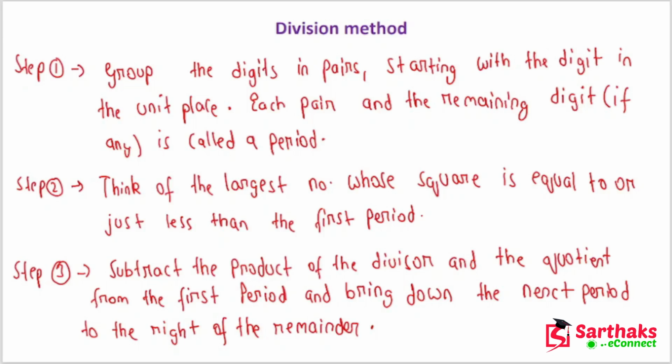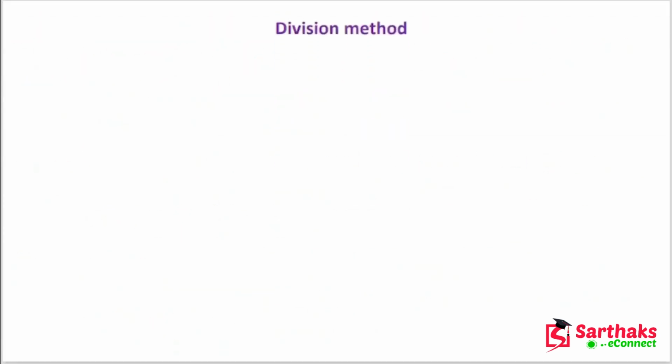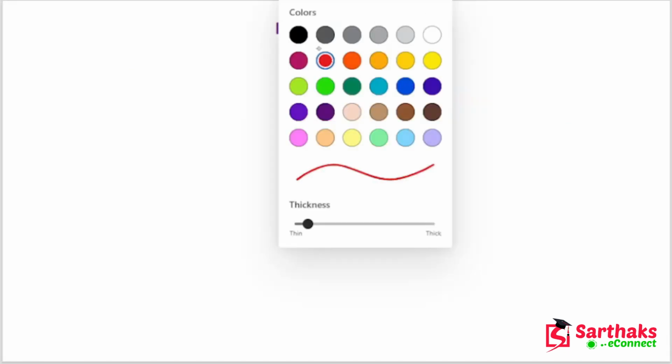Let us talk about step number 4, which is again a repetition of step 1, nothing new. But there is a twist in this particular step. Unlike the normal long division process, we will not carry out the same division; the divisor is doubled and something is left as a blank space, so that we can decide whether that number multiplied by that particular digit is less than the new dividend.